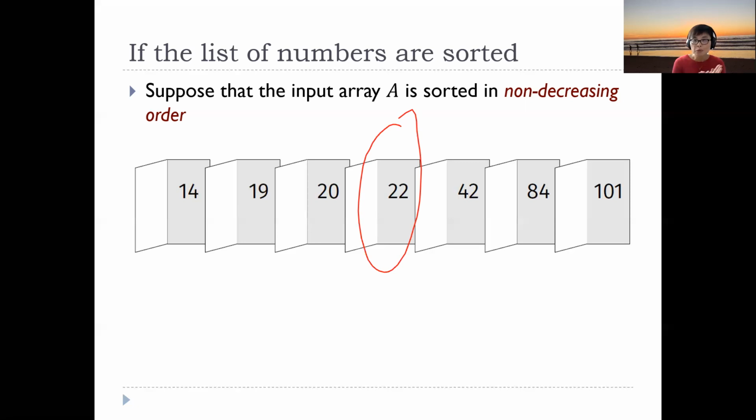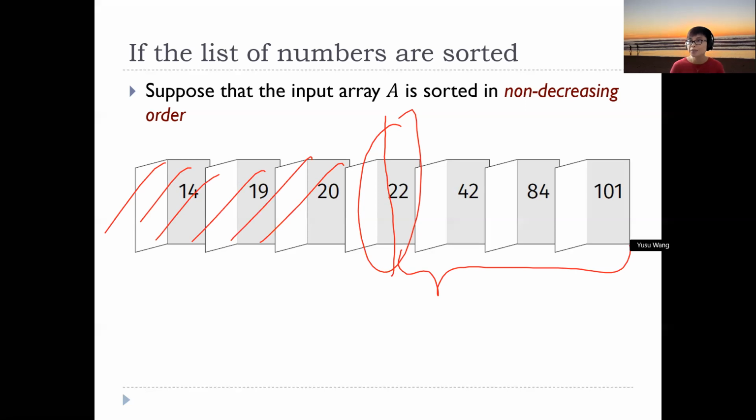That must mean that 42 can only be to the right of 22. So by looking at this door, I now know that these are all bad. 42 cannot be there. I already eliminated a bunch of bad possible doors. Now I know that 42 can only be to the right.